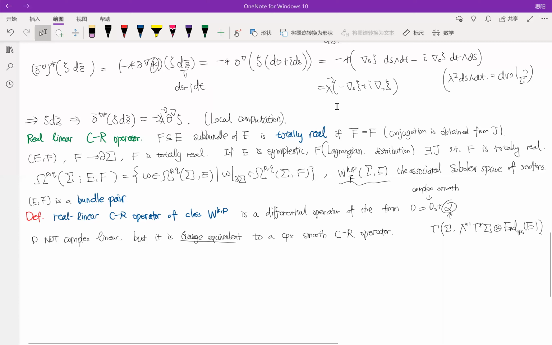So the definition is given via the completion. That is, we have an L2 inner product, and we have the derivatives, that is, Sobolev spaces.